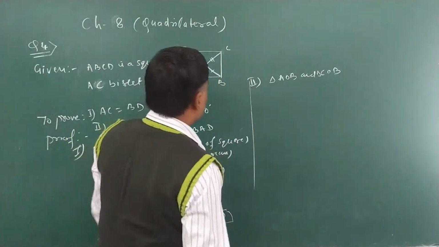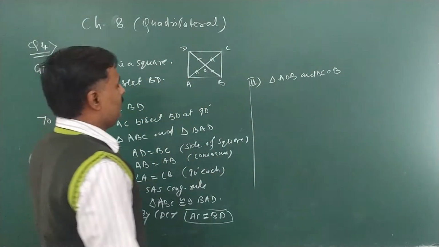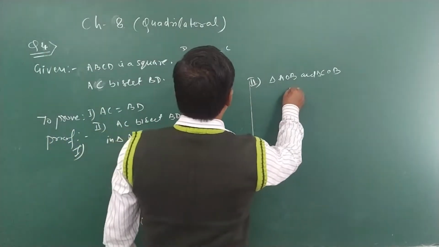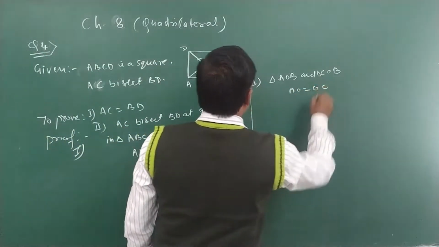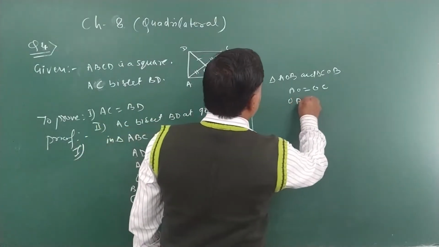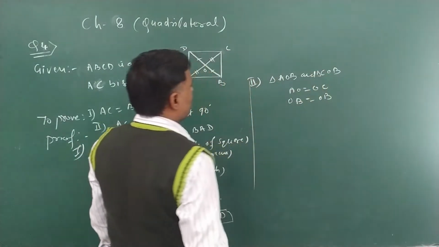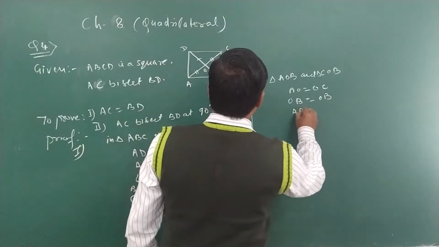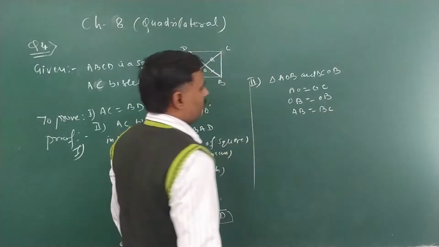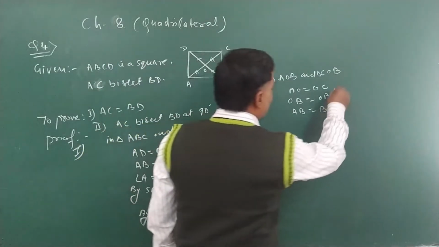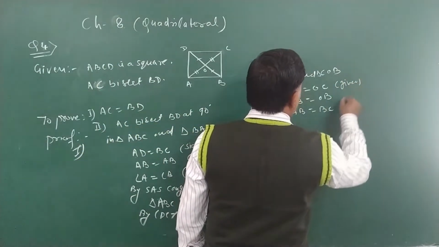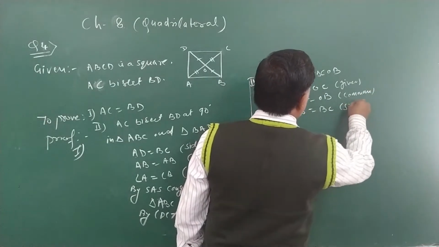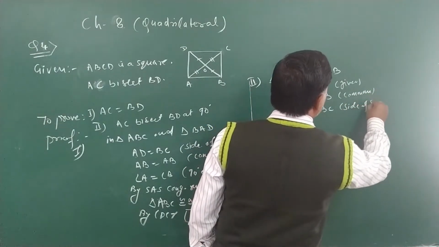In AOB and COB, we can see here AO is equal to OC, OB is common, and we can say AB is equal to BC, side of square. That's given, and this one is your common, and this one is your side of square.